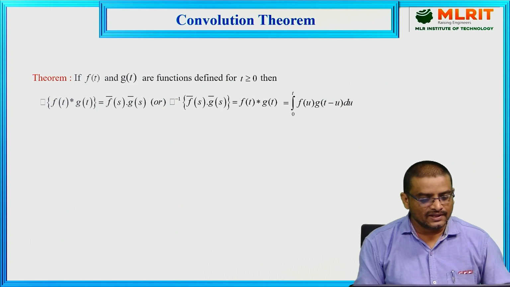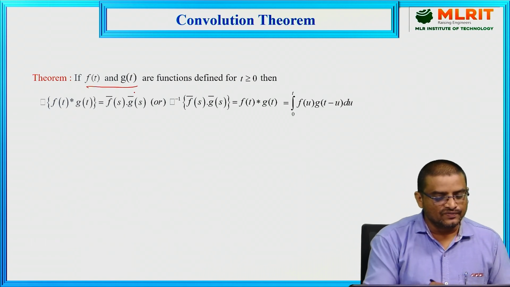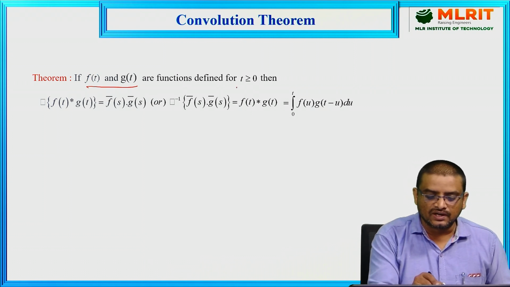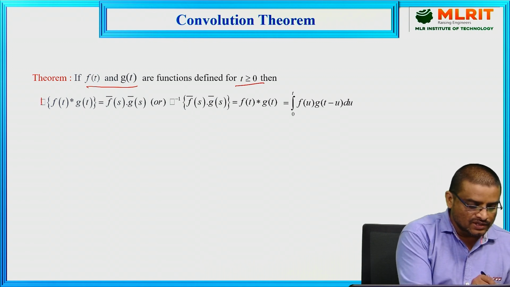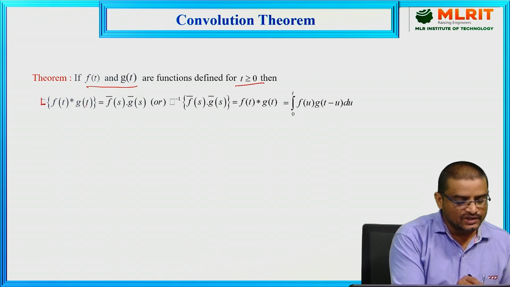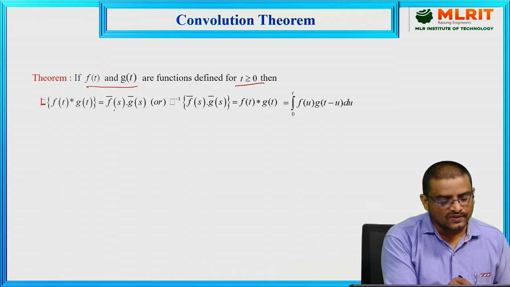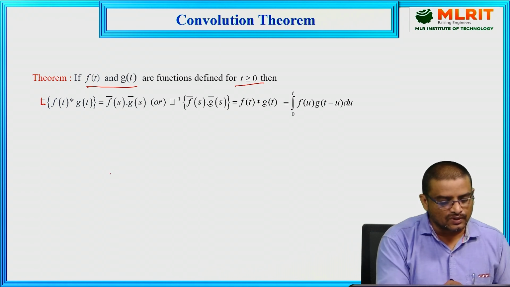Now we will take the statement of this convolution theorem. So f of t and g of t are the two functions defined for t greater than or equal to 0. Then Laplace transform of f of t star g of t is equal to f bar of s into g bar of s.